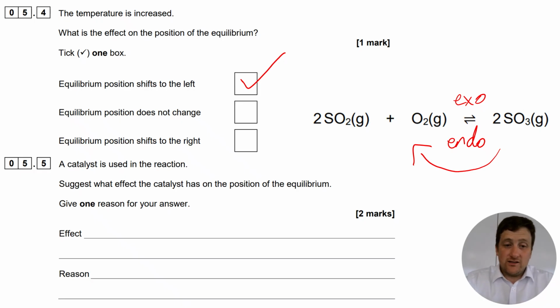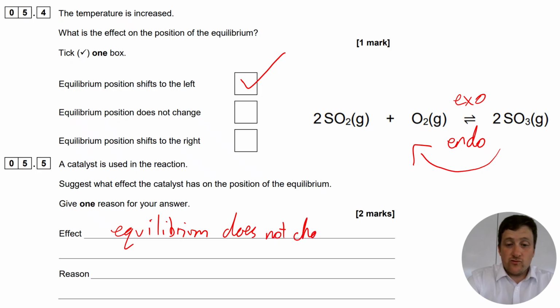Now, a catalyst is used in the reaction. This is important because this is the only one that's a little bit different. Equilibrium does not change. It's one of those facts you need to know. The reason why the equilibrium does not change is the rate of the forwards reaction and the backwards reaction both increase, because that's the point of a catalyst.